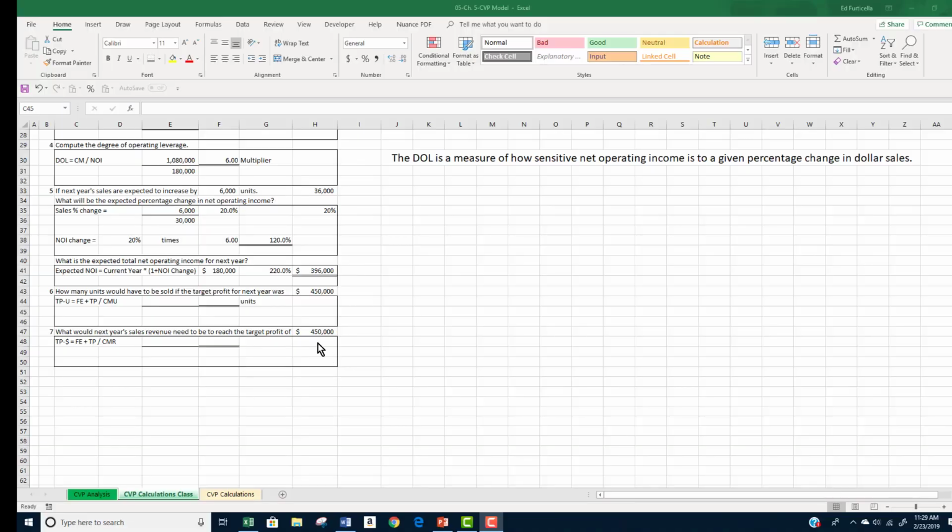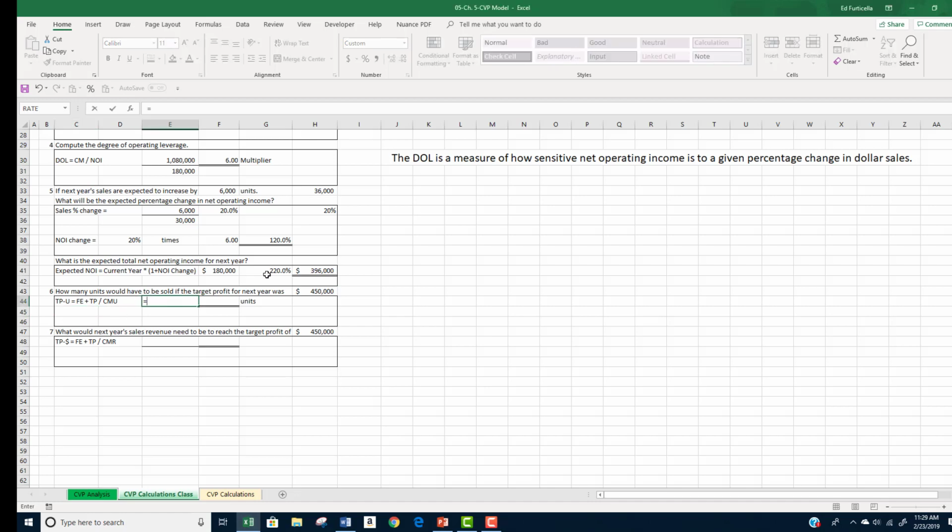Problems 6 and 7 deal with target profits. In problem 6, we're asking how many units have to be sold in order to make $450,000. In 7, we're asking what sales revenue is needed to make $450,000 in profit. The target profit unit formula is your fixed expenses plus your target profit, divided by your contribution margin per unit.